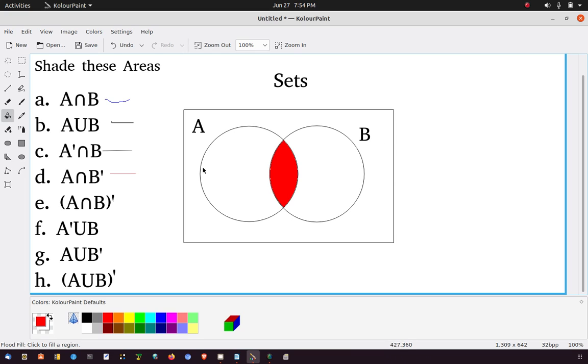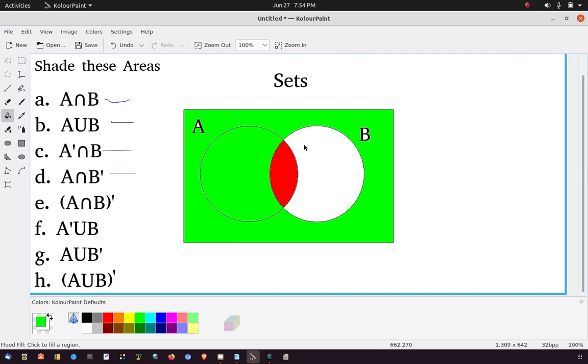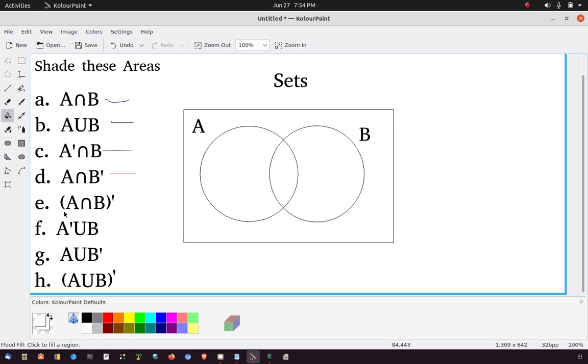Everything else except the part in red. So let's shade everything else in green, and this part in red, we remove it, and that is A intersect B complement. Okay? Right.